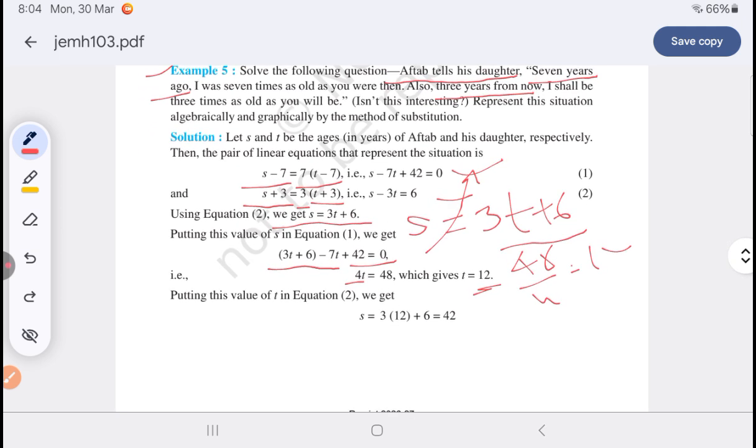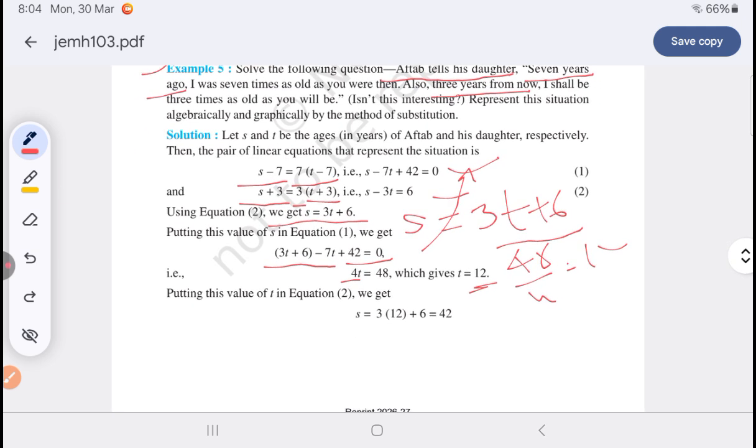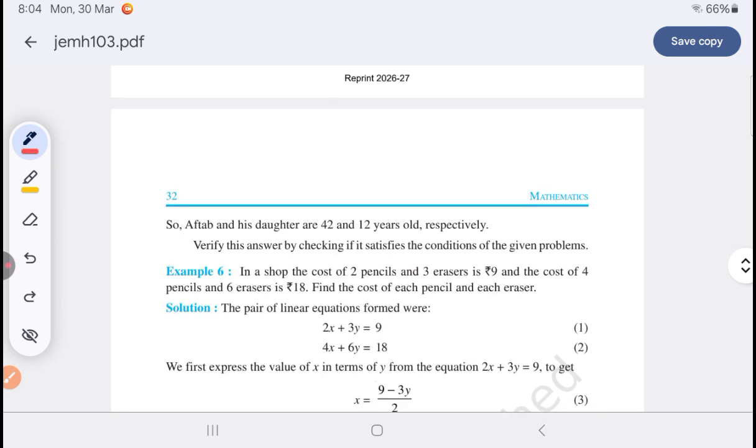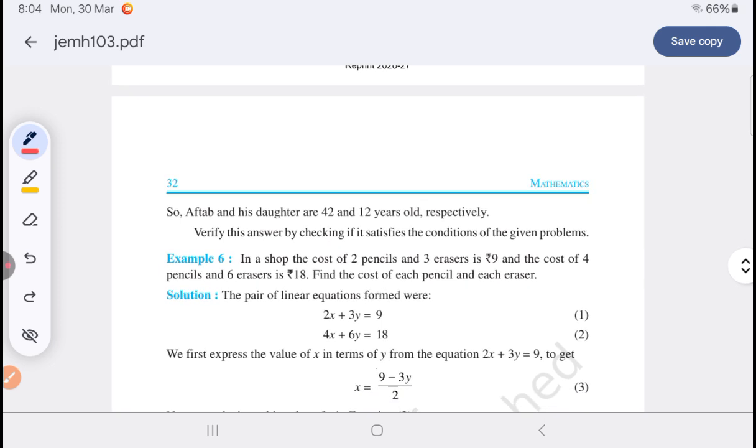Putting the value of t in s equal to 3t plus 6, you will get s equal to 42. So Aftab and his daughter are 42 and 12 years.